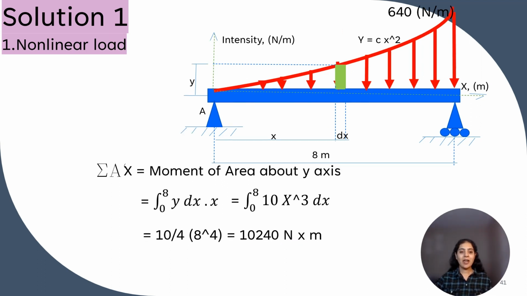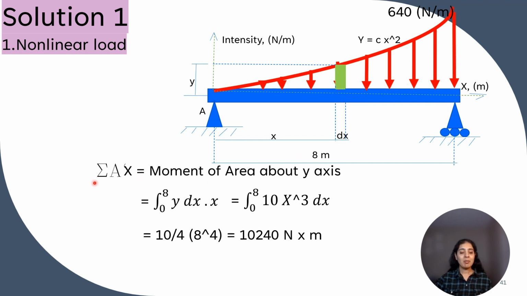Now we will find out the moment of this area about the y-axis, that is summation of A into x. Why we need it, we will see in the next step.